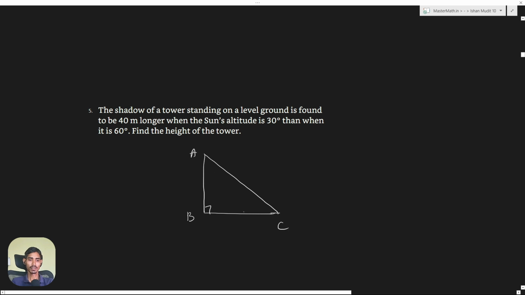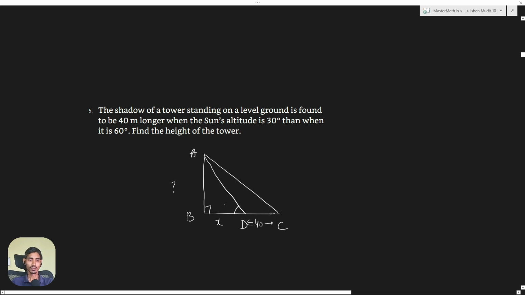In between somewhere. What else? Okay, this is 40 meter long and this is x, and this is unknown.